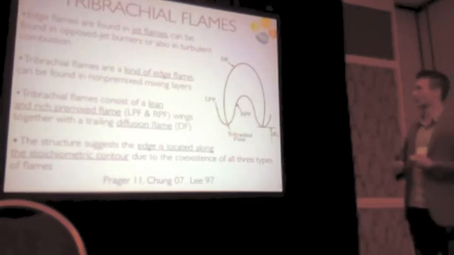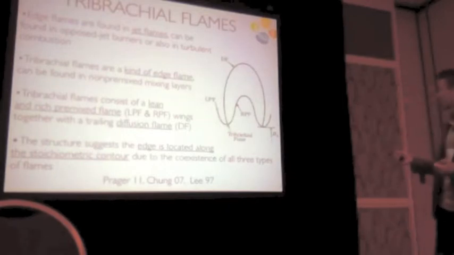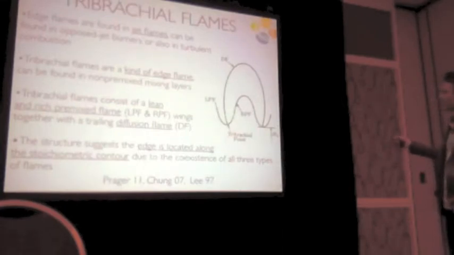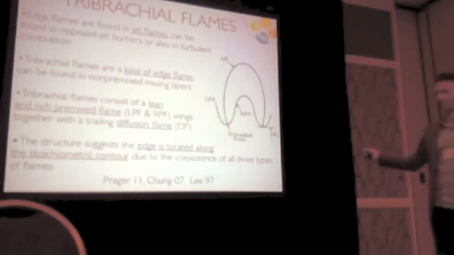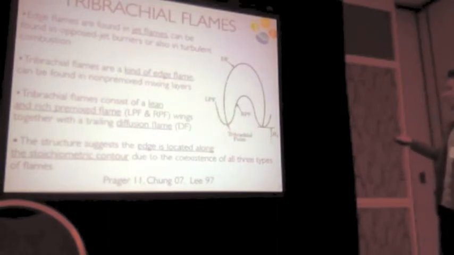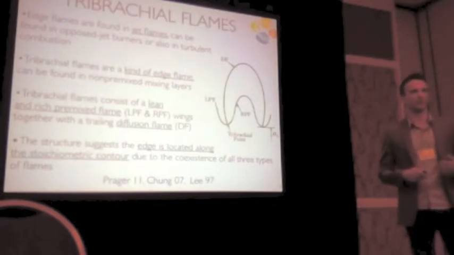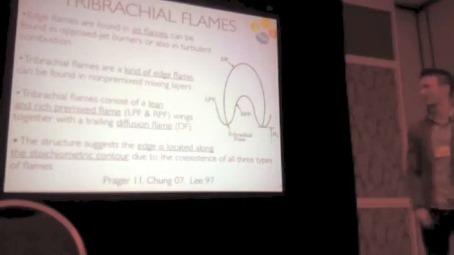The trilateral structure is also called a triple structure because the flame is composed of three flames: the lean premixed and the rich premixed wings, together with the diffusion flame, all extending from a single point, denoted as the trilateral point in this figure. The fact that all three flames coexist in a single point suggests that this edge of the flame will be located along the stoichiometric line.